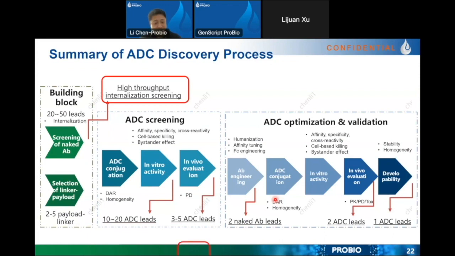Secondly, pilot efficacy studies in animal models during early discovery stage give us the opportunity to test the different combinations of naked antibody leads and payload linker in the actual disease model.